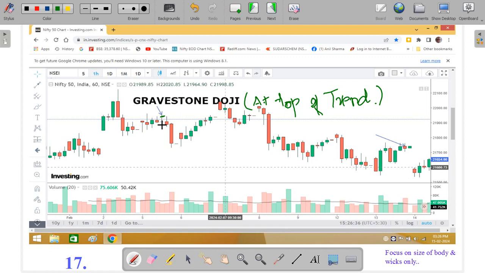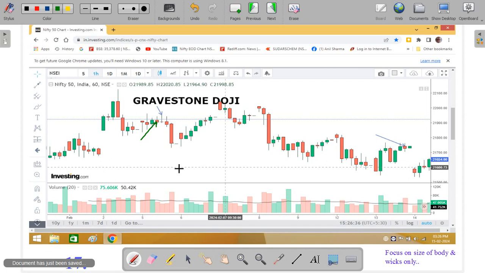The body is formed at the bottom. There may be a wick, there may not be a wick. Fine. It is formed at the top of the trend. See, the price actually has fallen down, and then you see there is a fall. So this is formed at the top of the trend, and once the trend is reversed, it comes down. So gravestone doji is formed at the top of the trend. Just remember, the trend is up, and it is formed at the top of the trend.